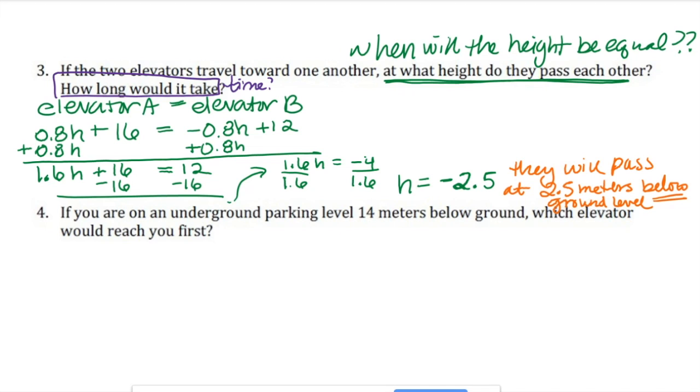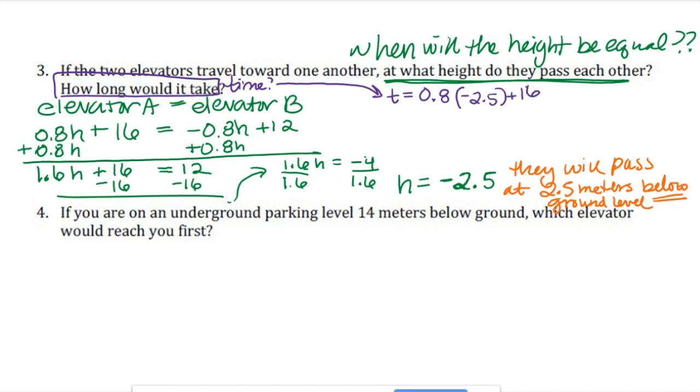So what we can do is take one of our elevators, because remember now at negative 2.5, that means that the elevators pass each other at that point. So I know that time equals, we're just going to pick elevator A, 0.8. Now my height's going to be negative 2.5, because remember, how long will it take for this specific situation, right? So in this situation, the height is negative 2.5.